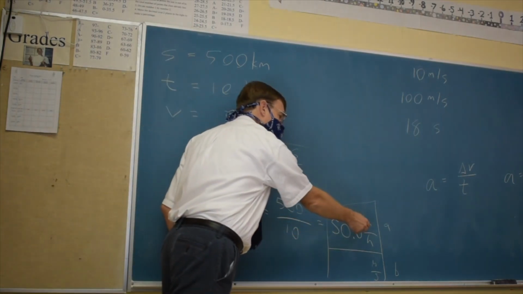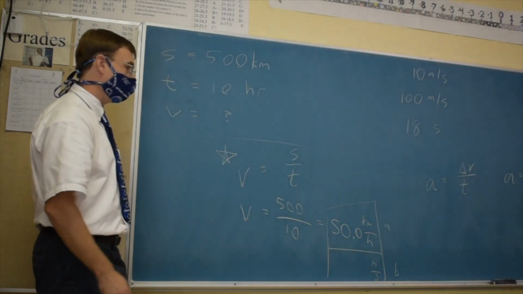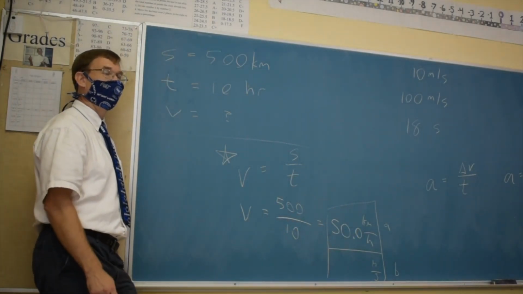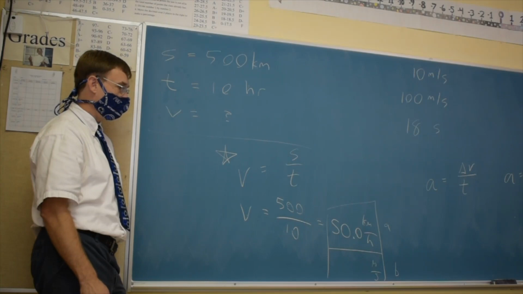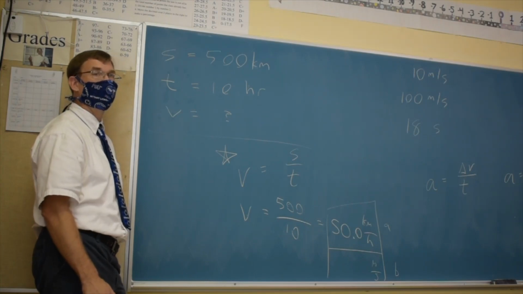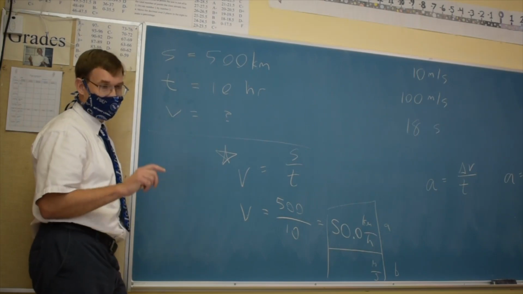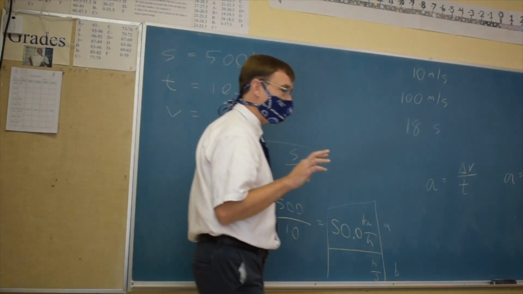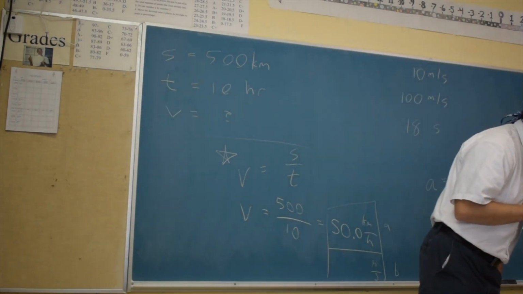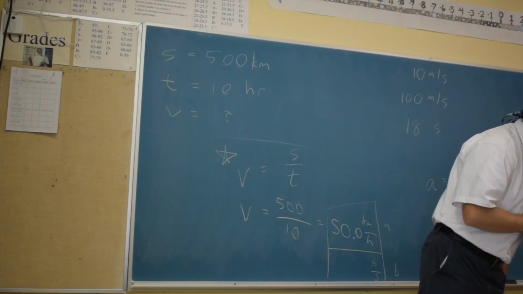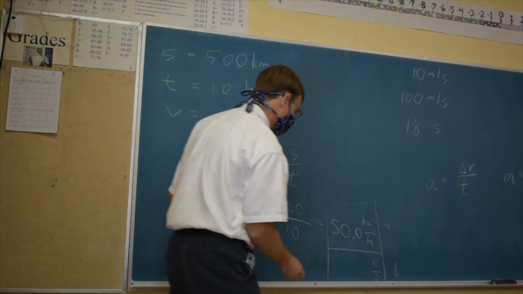There's a cheat that we can change kilometers per hour to meters per second. Anybody remember the quick cheat to change kilometers per hour to meters per second? Multiply by 5/18. So if your calculator's handy and it's showing you a 50 already, just go times 5, divide 18.